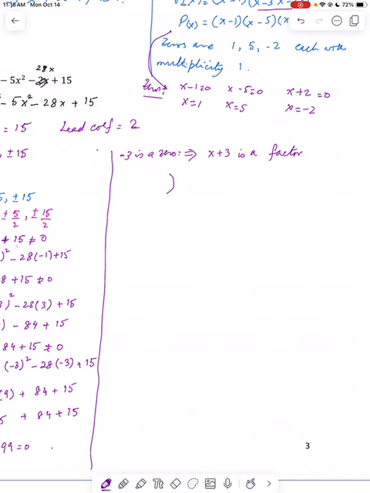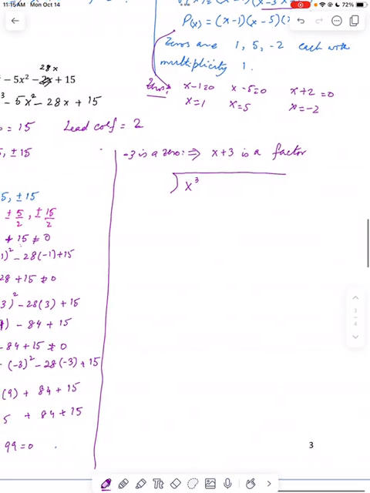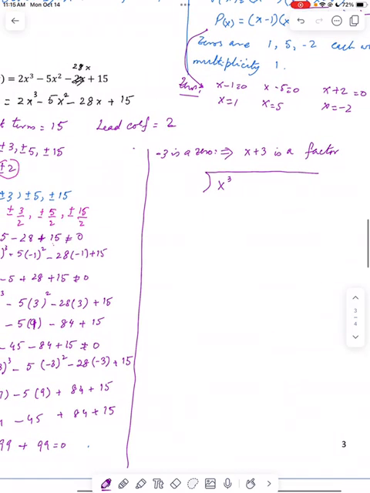x cubed, 2x cubed minus 5x squared minus 28x plus 15, and I'm going to divide it by x plus 3. So the first term in the dividend divided by the first term in the divisor, which is x.